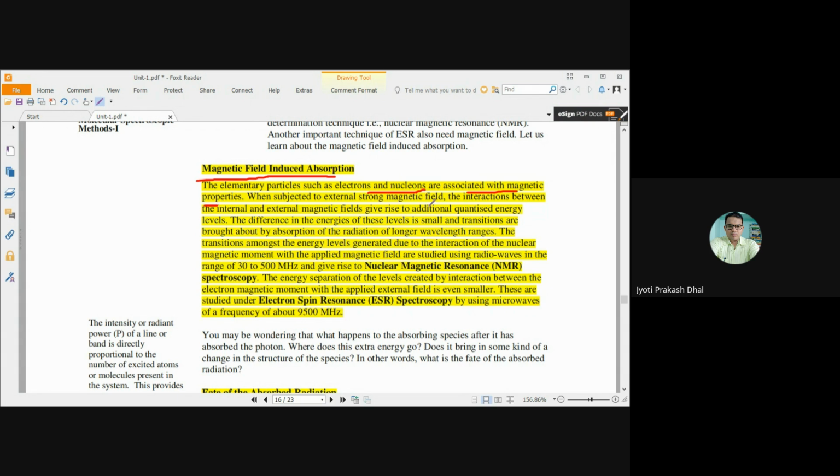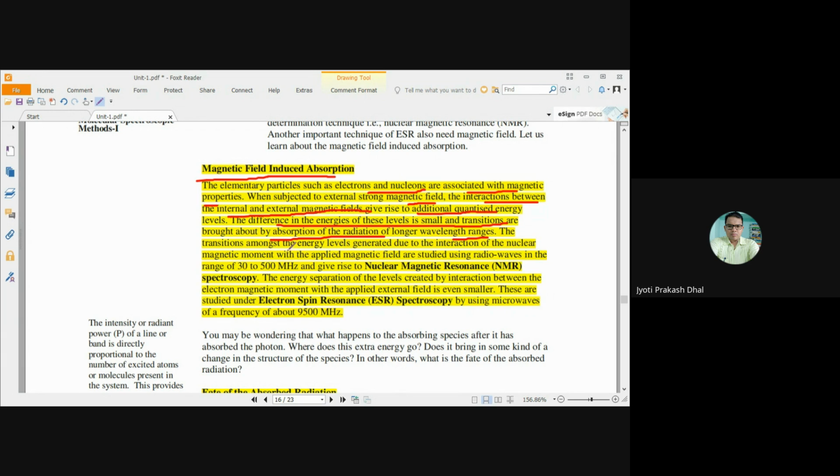When subjected to an external strong magnetic field, the interaction between the internal and external magnetic fields gives rise to additional quantized energy levels. The energy difference of these energy levels is small, and the transitions are brought about by absorption of radiation of longer wavelength range.